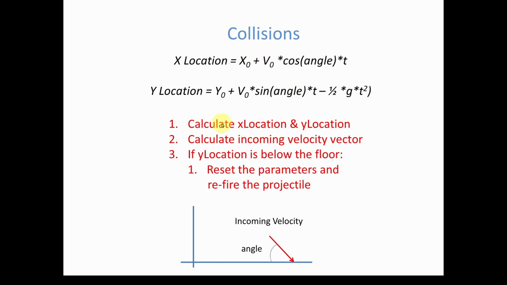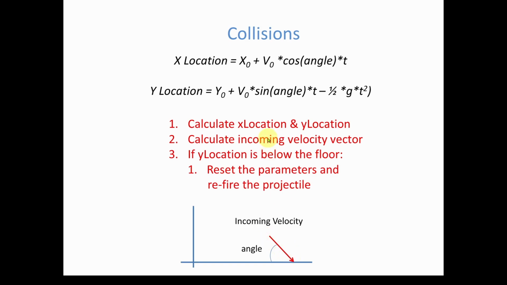Well, first of all, for each simulation time step, we have to calculate the x location and the y location, using these equations we did before. We also are going to want to calculate the incoming velocity vector. What is this incoming velocity, magnitude, and angle? And how are we going to do that? Well, velocity is very simple. It's feet per second. It's speed with direction.